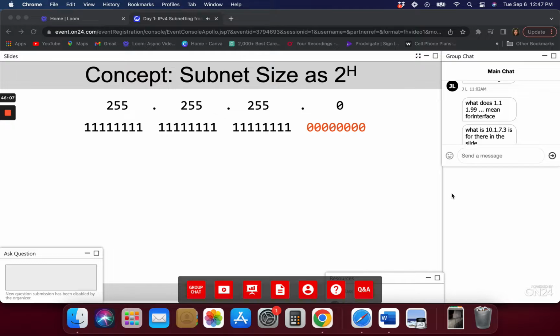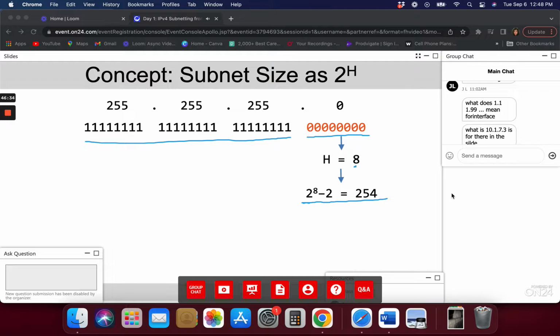That's the easy case, using a relatively easy mask to do the math with. But because we see this mask of 24 prefix bits and 8 host bits, we take the number of host bits, 8, and do our little formula: 2 to the 8 minus 2 is 254 usable addresses in that subnet.